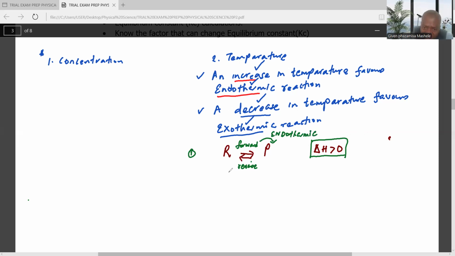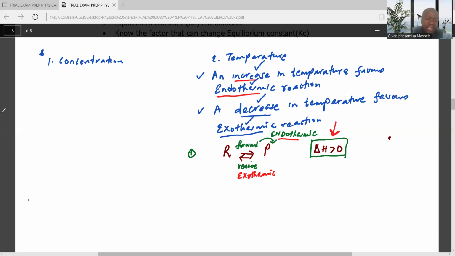The reverse reaction is the one which is exothermic. So in the exam, if they give you this, you must know that this reaction is endo, particularly for the forward. Moving from reactants to product, this is endo. So if the forward is endo, the reverse will be exo.